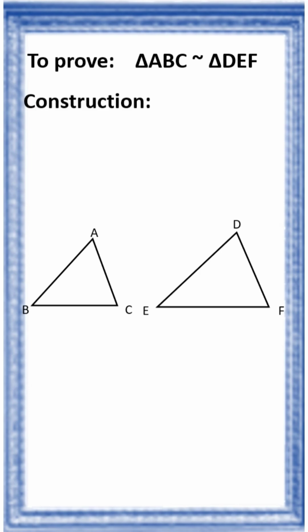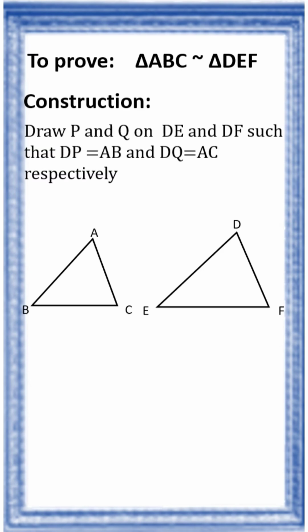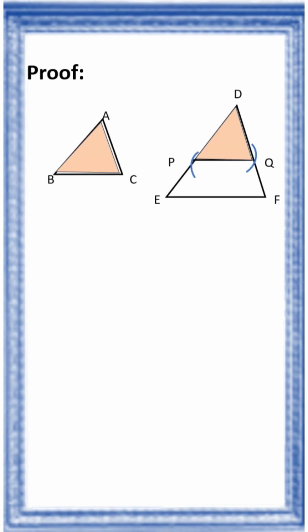We have to do a construction, which is similar in all three theorems. Draw P and Q on DE and DF such that DP is equal to AB and DQ is equal to AC. Join P and Q. Now we have to prove that triangle ABC and triangle DPQ are congruent. So in triangle ABC and triangle DPQ, what is common?